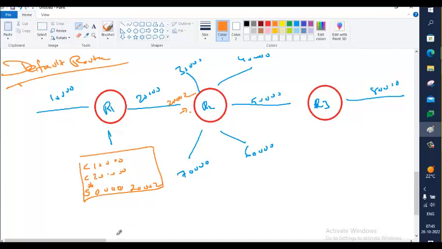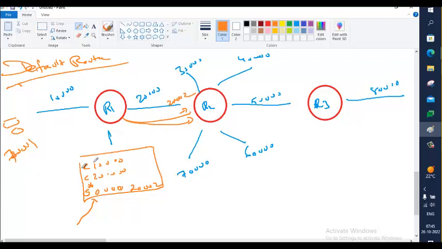Simple. That solves the problem. So if I ping from here 80001, that 80 is matching here, any, then packet will go to router 2. If I ping 70001, then also packet will go to here.